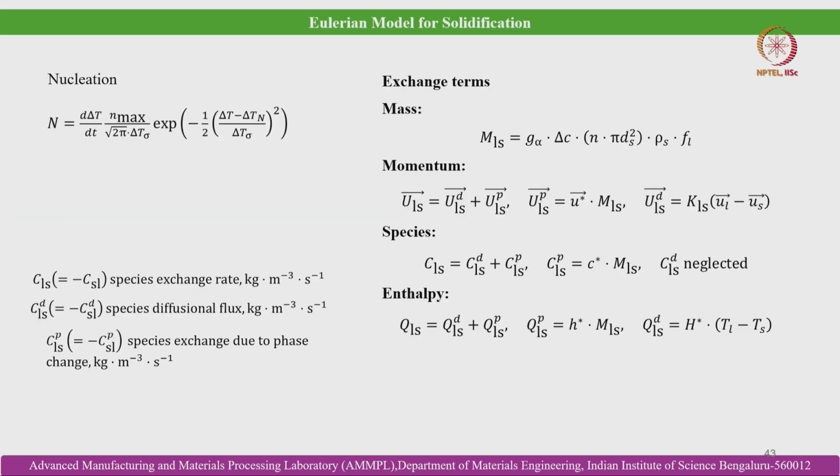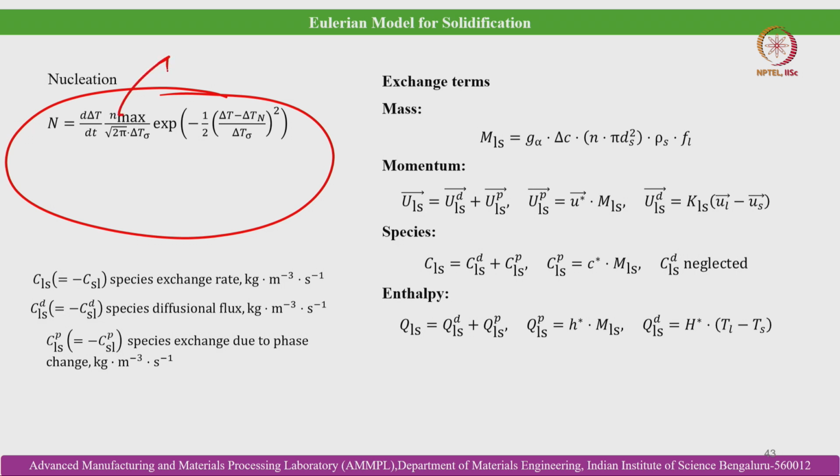Here we have also introduced the nucleation source term. It is also giving the nucleation rate, which is equal to d delta T by d T, n max, that is the maximum grain density, n max.